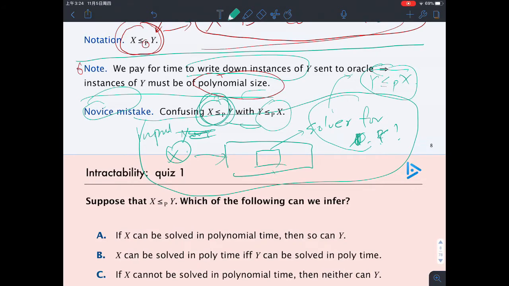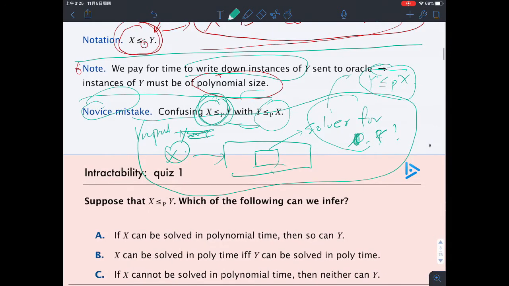Most of you may not have the feeling when I talk about this mistake, but when you start to do research and read a lot of research papers written by your colleagues in the same field, you will be surprised from time to time. People always make mistakes by confusing x less than y with y less than x, right?